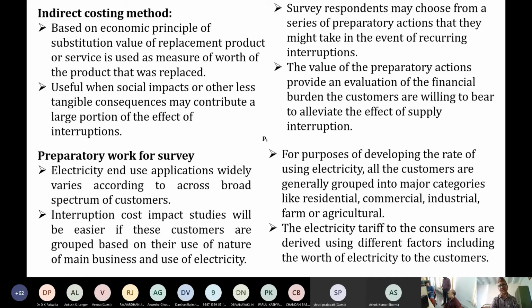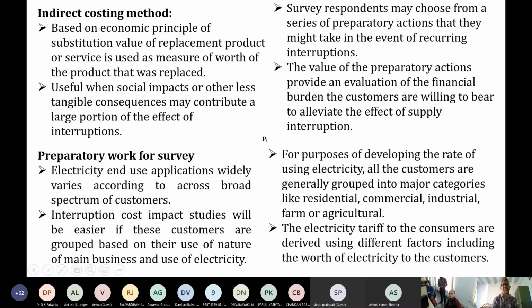When you carry out a survey, all these subcategories should be well represented, according to their percentage share in the electricity consumption of a particular province, state or country. For the purpose of developing the rate of using electricity, all customers are generally grouped into major categories like residential, commercial, industrial, and farm or agriculture.